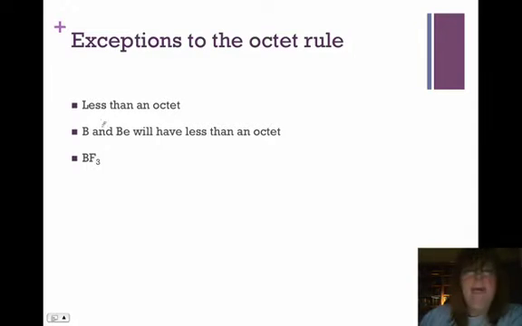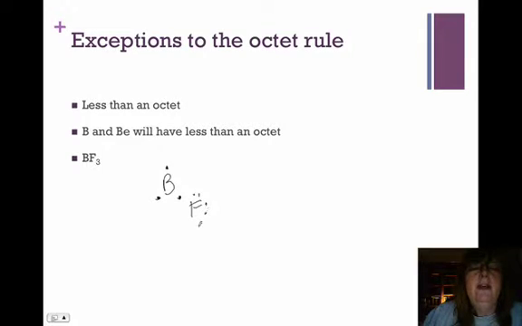So here's an example. Boron has 3 valence electrons. It's in the same family as aluminum. As a matter of fact, it's above aluminum. And then it is combining here with fluorine that has 7 valence electrons.